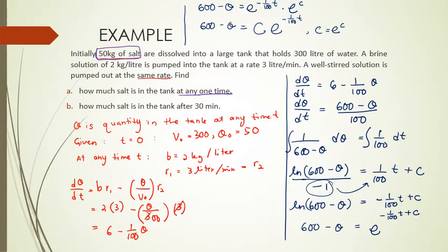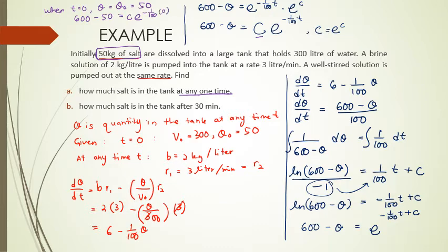So we have to find the value of C. Right? So when T equal to 0, okay, Q equal to Q not equal to 50. Okay, so 600 tolak 50 equal to C exponent negative 1 over 100 times T. T sama dengan 0 lah.